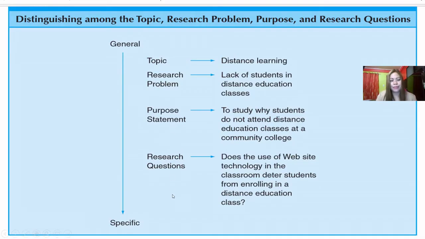You might ask, does the use of website technology in the classroom deter students from enrolling in a distance education class? Although this is a dichotomous question and is not supposed to be your question, you have to have a question which will provide a specific answer aligned with your purpose statement.